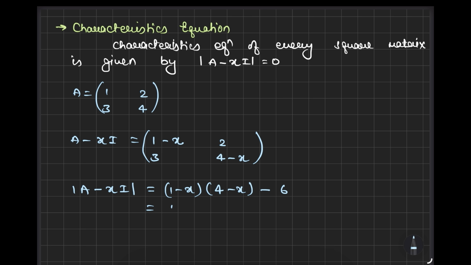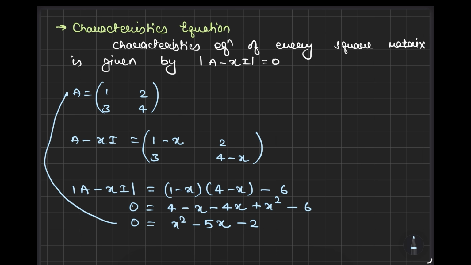So it is 4 minus x minus 4x and then plus x square, minus 6. Now just write this in standard form. So you got x square minus 5x and then minus 2. Okay, now from this you have created the characteristic equation.